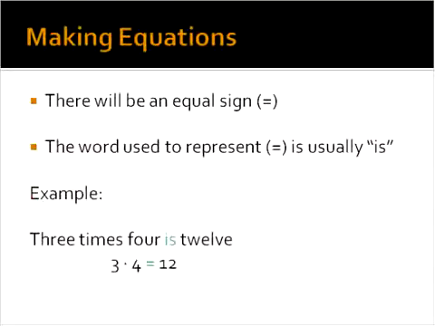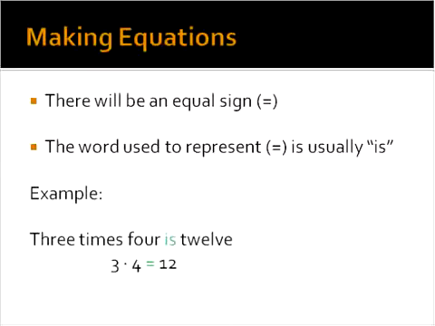Let's go ahead and look at the difference between making equations and making just regular statements or expressions. The main difference is that when you're making equations, there will be an equal sign. The word usually used to represent the equal sign is the word is. For example, 3 times 4 is 12.